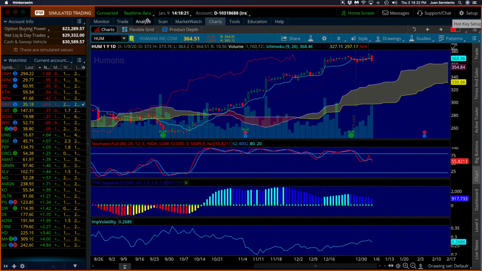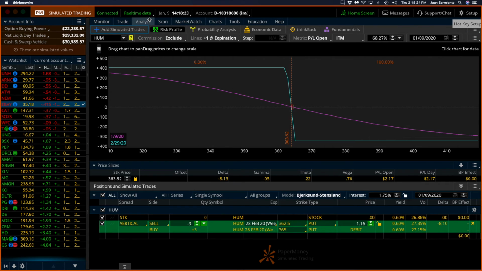Okay, let's take a look at analyze. The trade I'm proposing here is 365 long puts versus 362.5 short puts. I'm risking $348 to make $402. All right, and that's the trade.